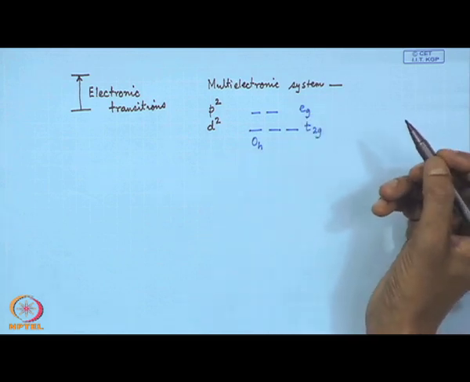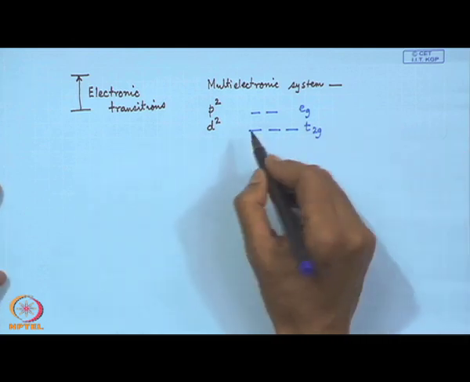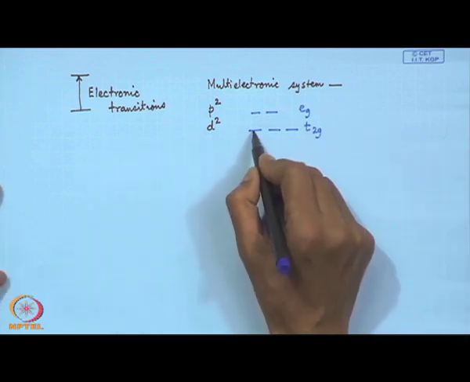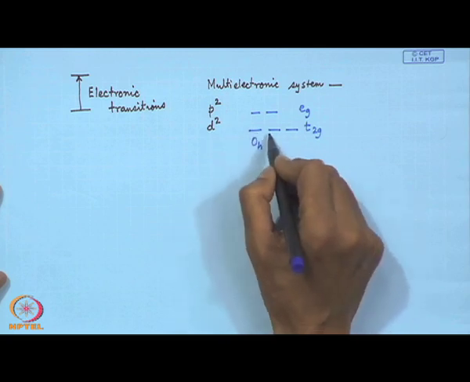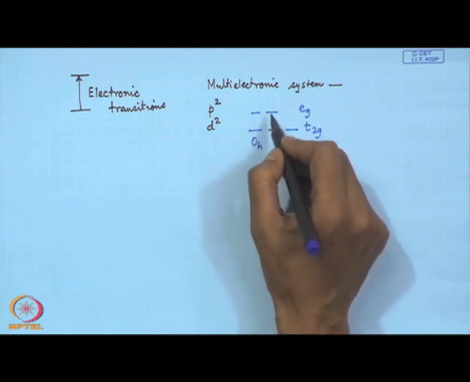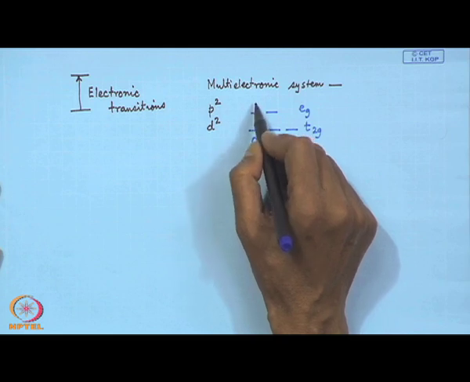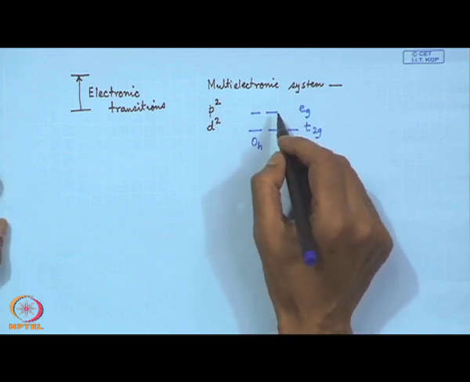So, what we see that during these electronic transitions, we can have both the 2 electrons in this T2g level, or these electrons can go up to the eg level.